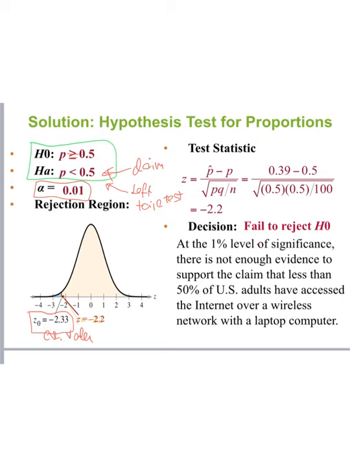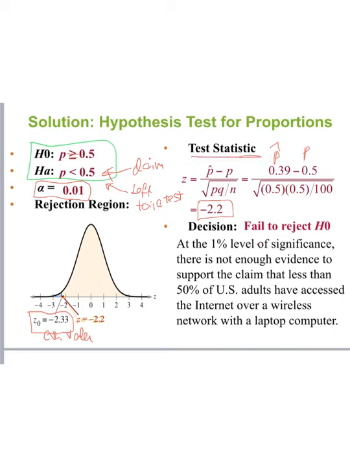It marks the rejection region. Then I put the information given into the formula: 0.39 was the p-hat, 0.5 is the population proportion. Computing this value, again I do emphasize that the technology is much faster, I find this test statistic value.